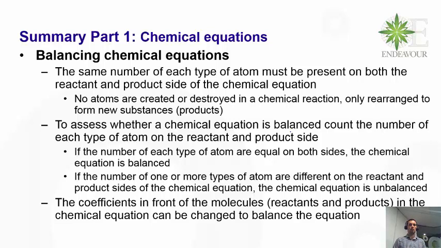And if it's not balanced, then change the coefficients, which is basically equivalent to changing the number of each molecule present, to try and get the same number of each type of atom present on the reactant and product side. And remember, after you've adjusted your coefficients, you can check this by counting the number of atoms on each side and seeing whether they are the same and they balance.